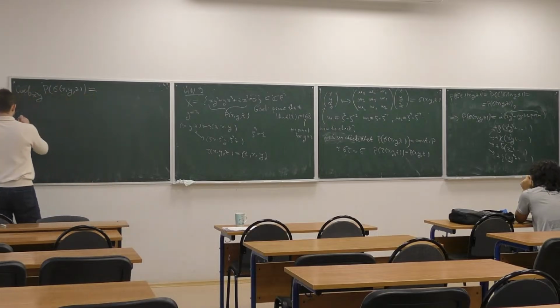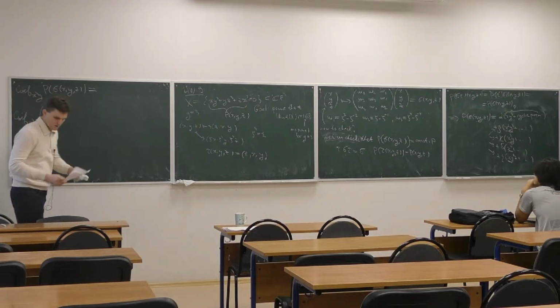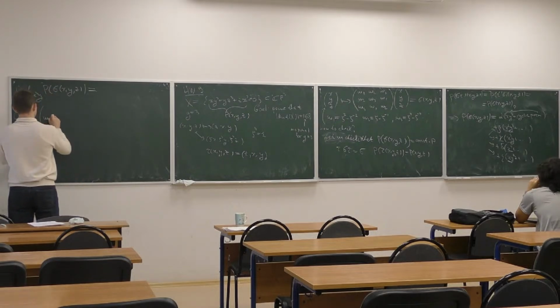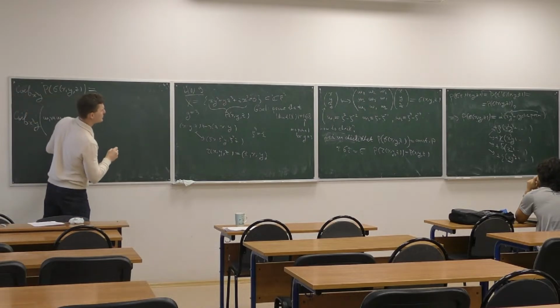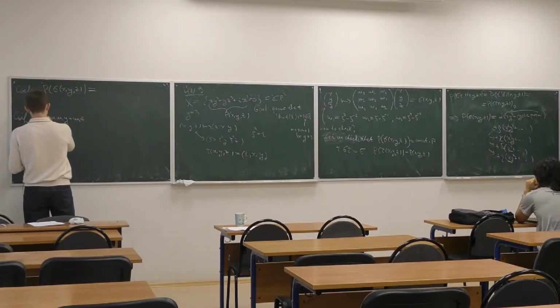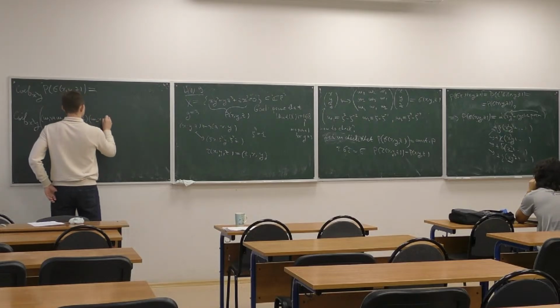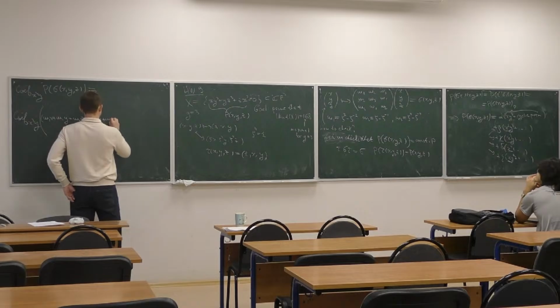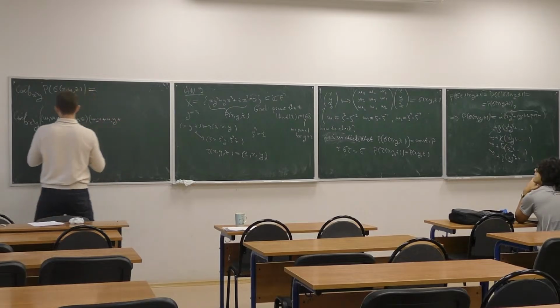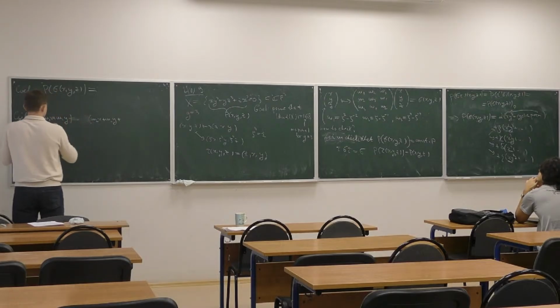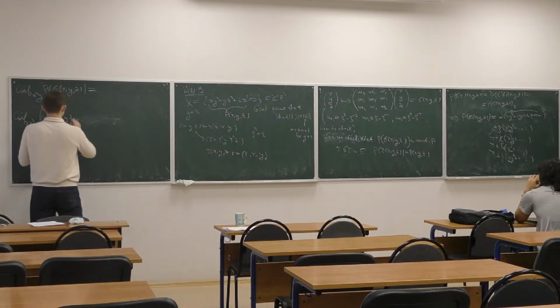You write this expression: coefficient x cube y. Okay, then a big sum: x, omega 1 x plus omega 2 y plus omega 3 z, y cube, omega 2 x plus omega 3. But yeah, we can forget about z, yes? Because we don't need it. We don't need z.